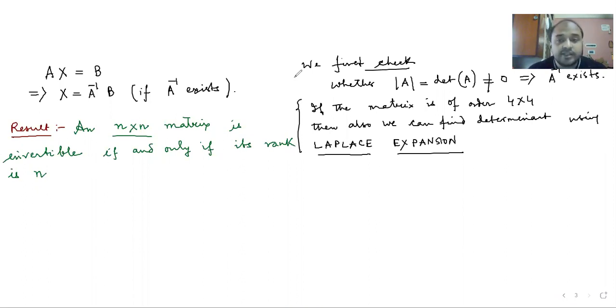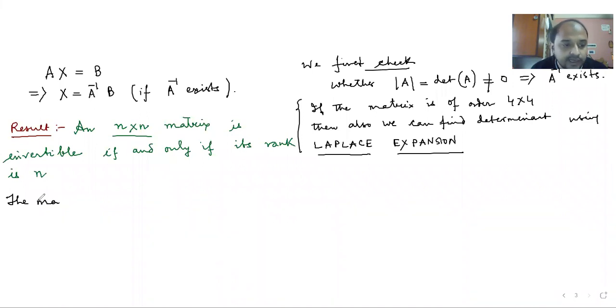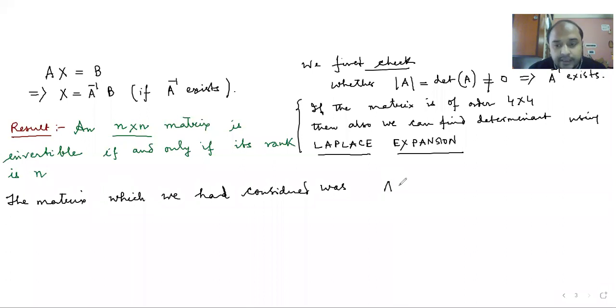Now, what matrix had we worked with just now? Let me write the matrix from the book once again. The matrix which we have considered was capital A, with rows 1 1 1, 2 0 1, 1 3 2.